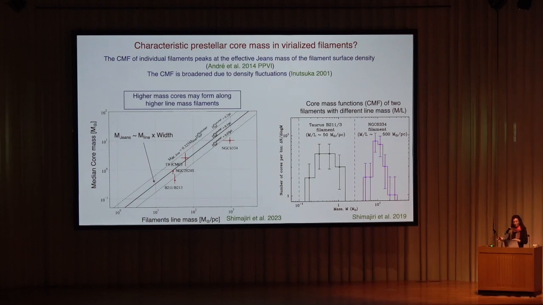So higher core masses form along higher line mass filaments. And the median core mass formed along a given filament is of the order of the Jeans mass, which is of the order of the line mass of the filament multiplied by the width. So here I show two examples of core mass functions that peak at different core masses for the filaments that have different line masses.